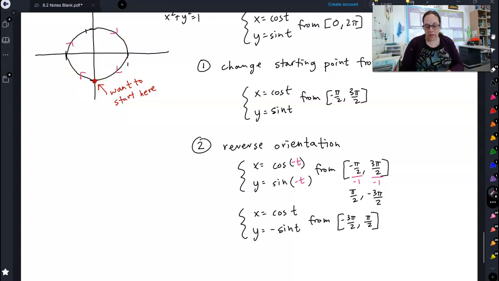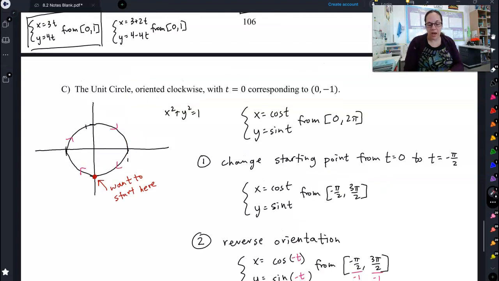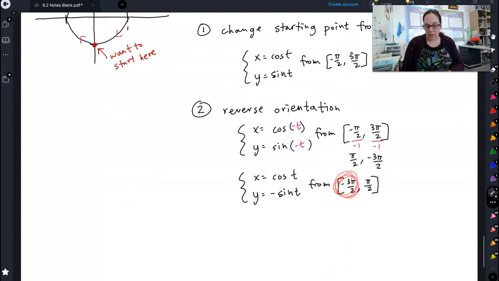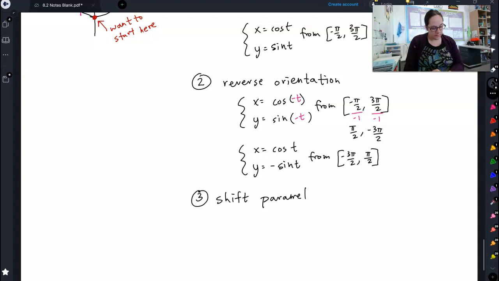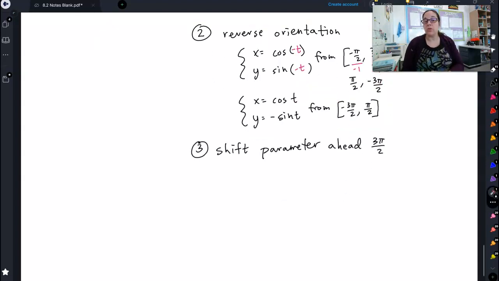Now, we do have one last thing we want to do, because it says it wants us to start at t equals 0. And you'll notice right now, we're not starting at t equals 0. We're starting at t equals -3pi/2. So the last thing I need to do is shift my parameter ahead 3pi/2 units. If I shift this ahead 3pi/2, then it will start at 0, which is what I want.